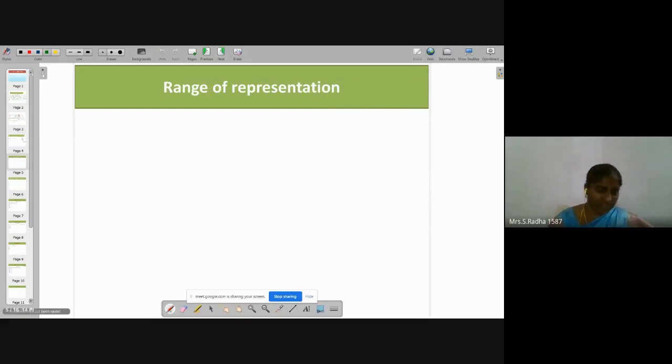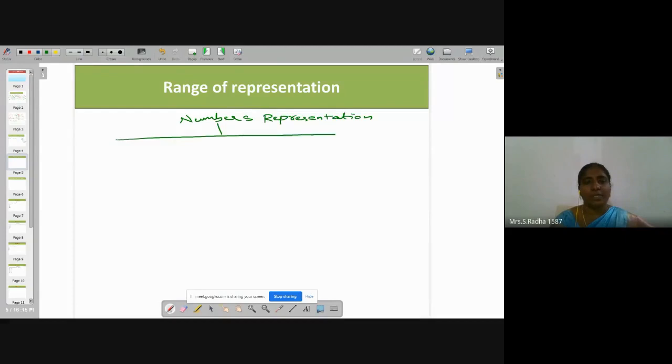Range of representation. We have two types of number representation: unsigned representation and signed representation. For negative numbers we must go for signed representation.